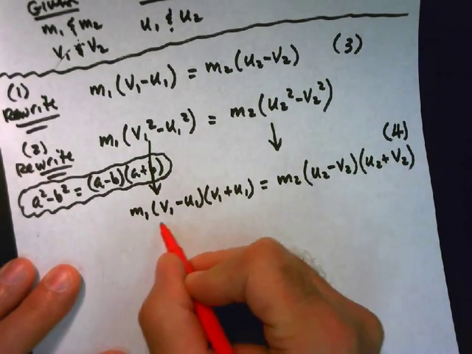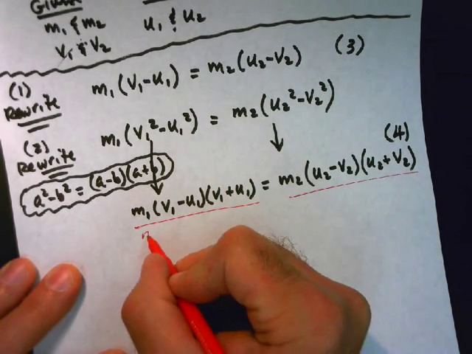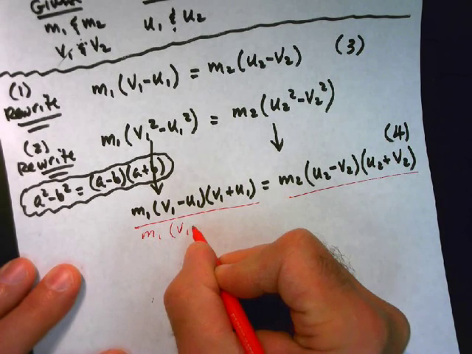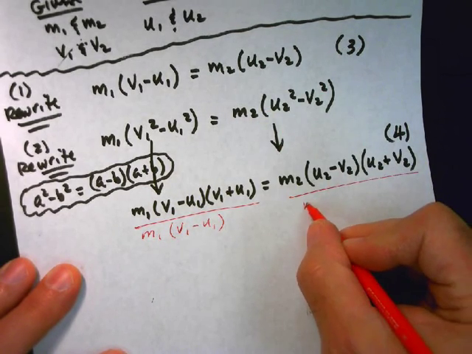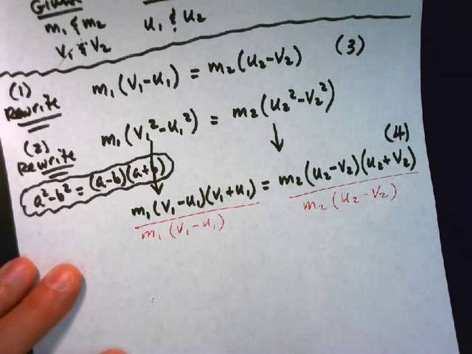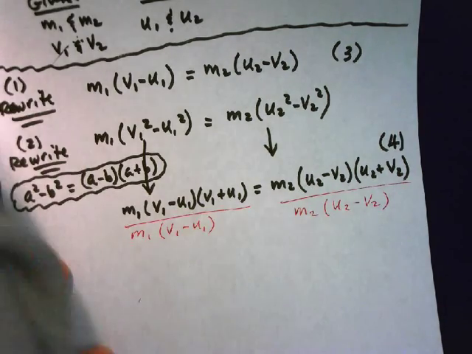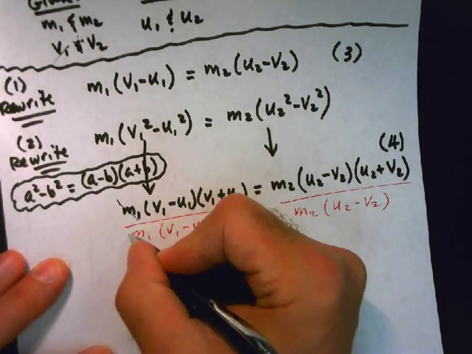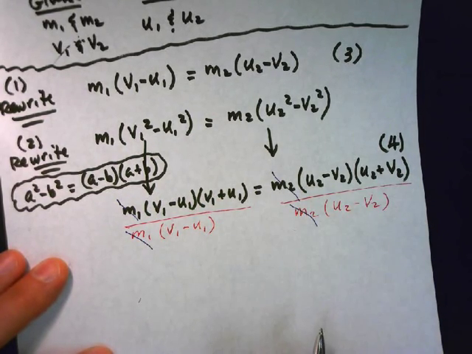So I'll take equation 4 and divide it by equation 3. It'd be m1 times v1 minus u1 here, and on this side that'd be m2 times u2 minus v2, right? We see that the m1s cancel out, m2 divides by m2.